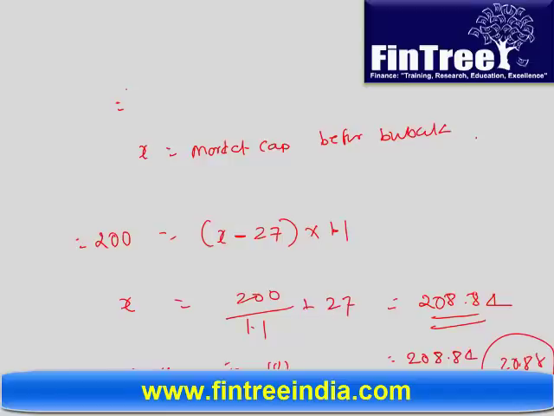So market price per share before buyback is 208.84 divided by 10 lakh, which is equal to 20.88. So we've solved for the first part.